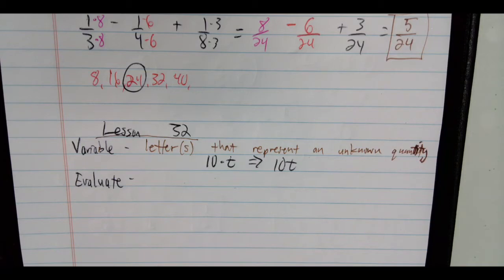$100. 10 times whatever T equals. 10 times tickets. Okay, so you're getting closer. Each ticket is $10. Well, it said that already. Each ticket is $10, but what does 10T mean? 10 times whatever T equals.